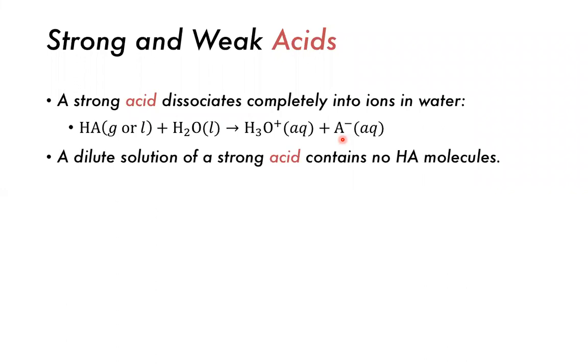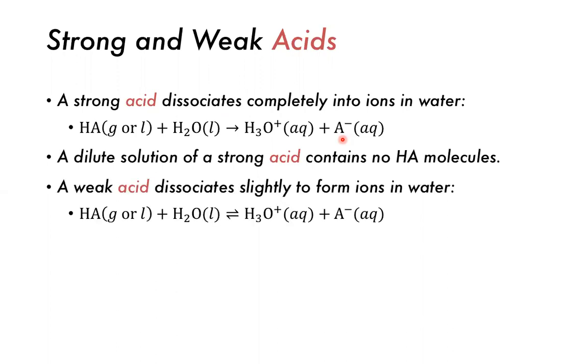So a dilute solution of a strong acid contains no HA molecules, whereas a weak acid dissociates slightly to form ions in water. Following on from what we learned about equilibria, we're seeing that weak acids don't actually totally dissociate. Whereas strong acids, so long as they're dissolved in water, pretty much always dissociate into H3O+ and A-.